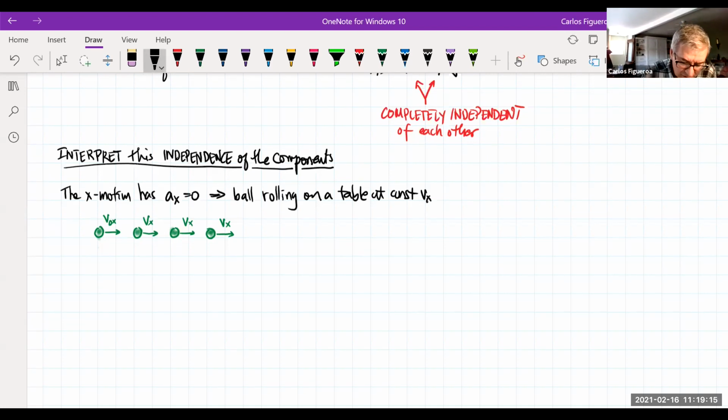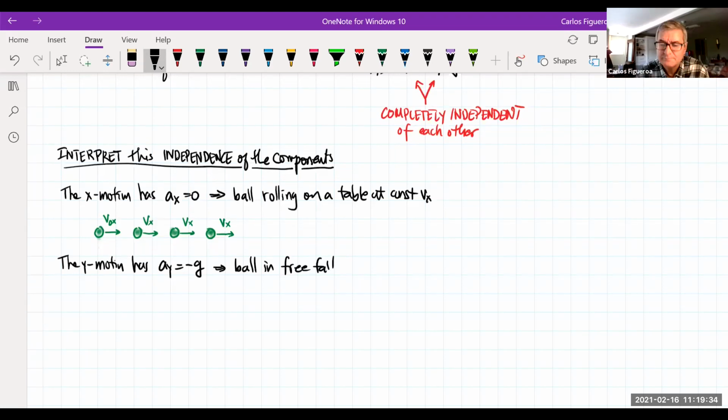But we also know that the Y motion has a_y equal to minus g. So this is like a ball in free fall. So in this case here, you could imagine that I have the following scenario. I have a red ball. And what I know about the red ball, if it's in free fall, it has to be getting what?